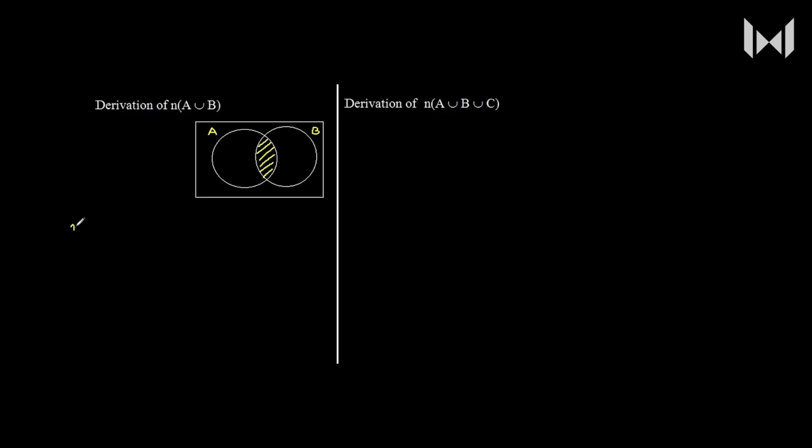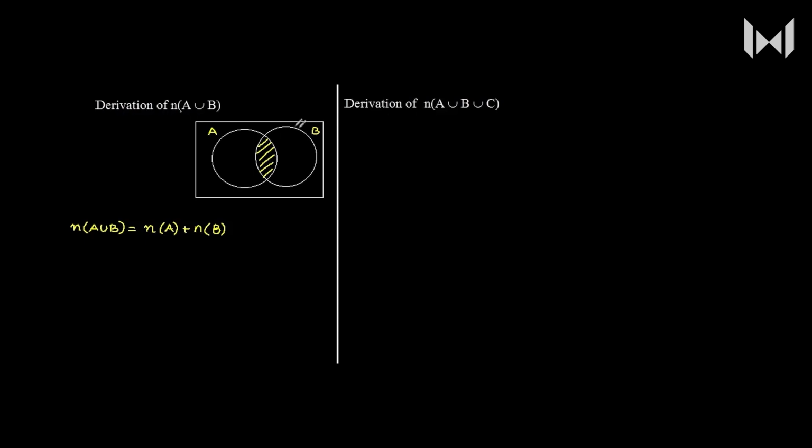So number of elements in A union B is equal to... Now first what we do is we take all the elements which are there in A, we take all the elements which are there in B. So when we talk about all the elements which are there in the set A, we are taking up the yellow shaded portion once.